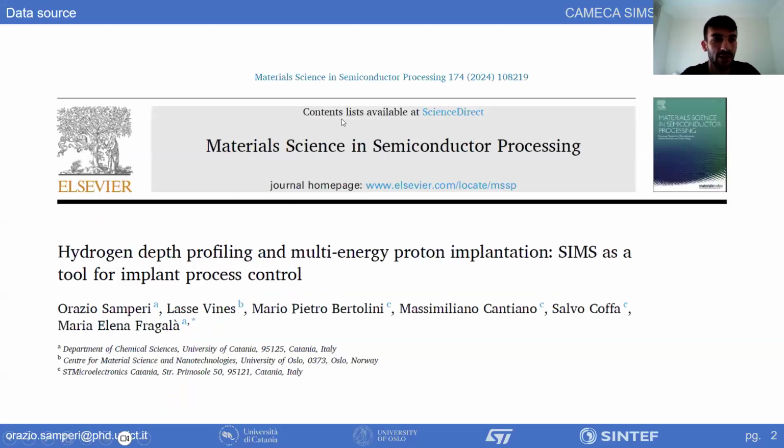If you are interested, most of the data I will show you today are taken from this paper that was published in February.